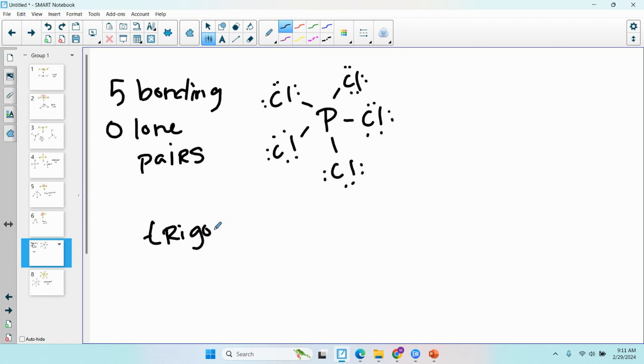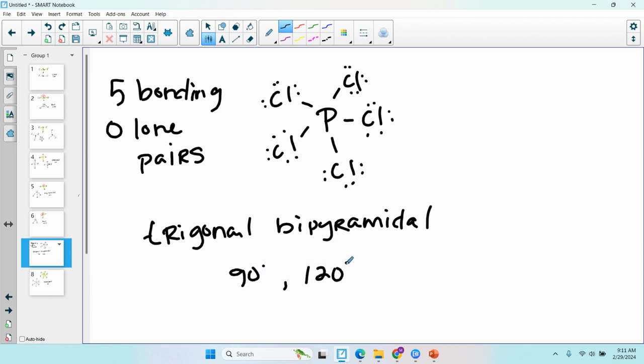This is called trigonal bipyramidal. And it actually has 2 bond angles: 90 degrees and 120 degrees.